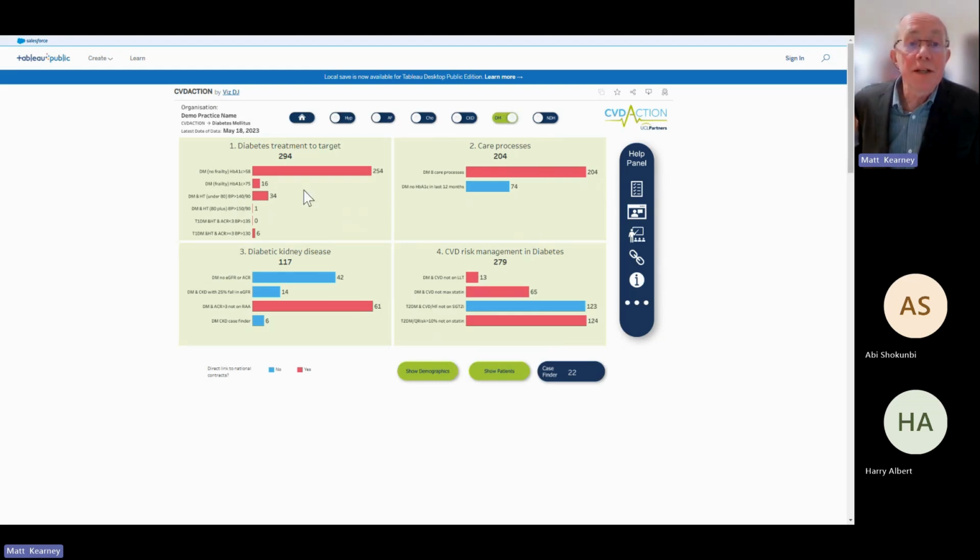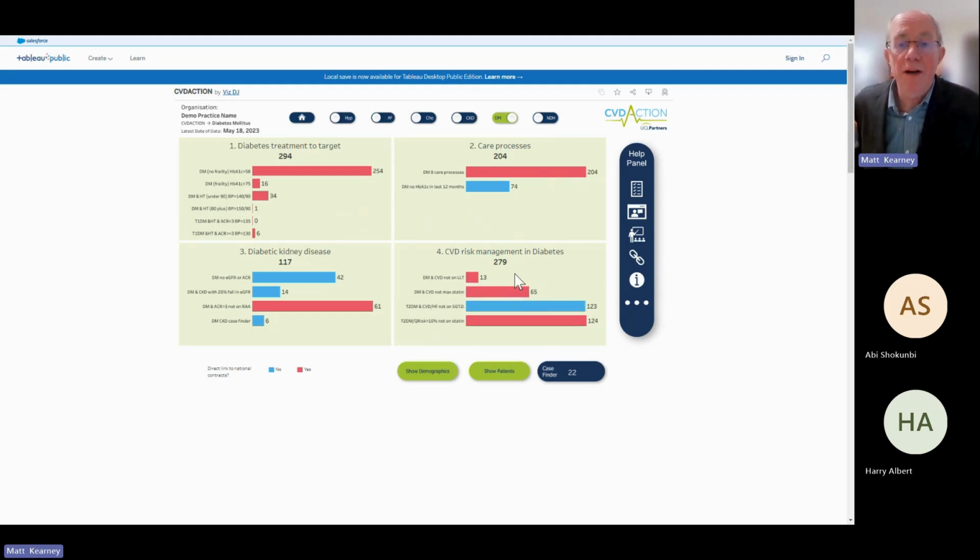So in diabetes, the first panel is about patients treated to target, whether that's their HbA1c or their blood pressure, and you can see relatively small numbers of patients here where we know that the intervention will have a high impact. There's the broader cardiovascular risk management, so lipid-lowering therapy, 13 patients with diabetes and CVD, not on statins.